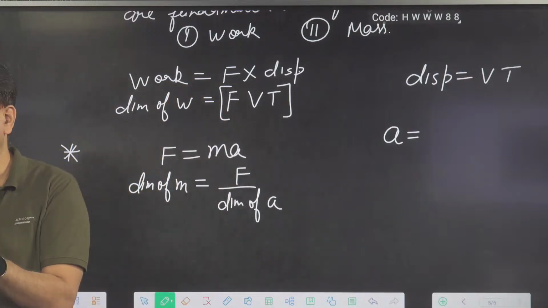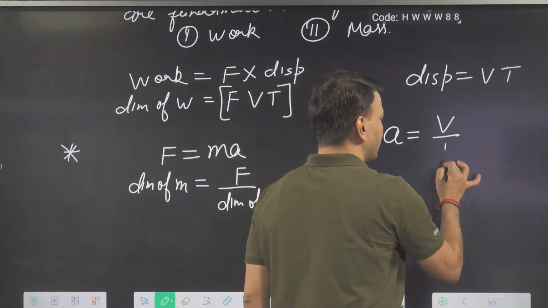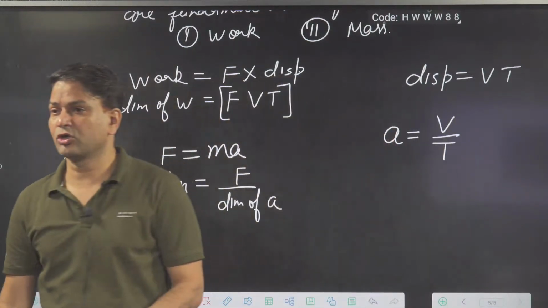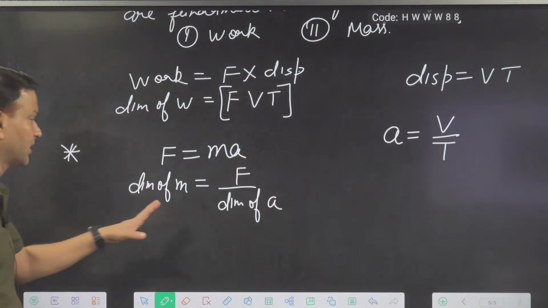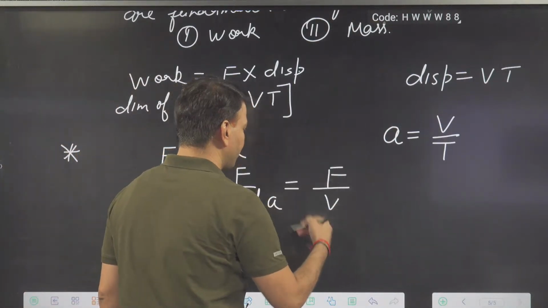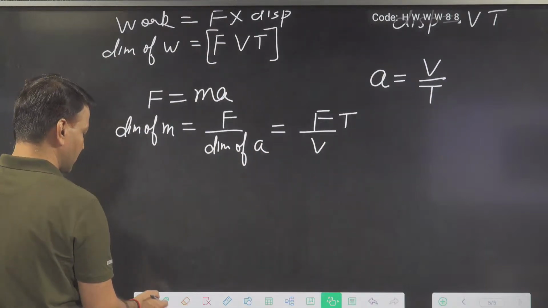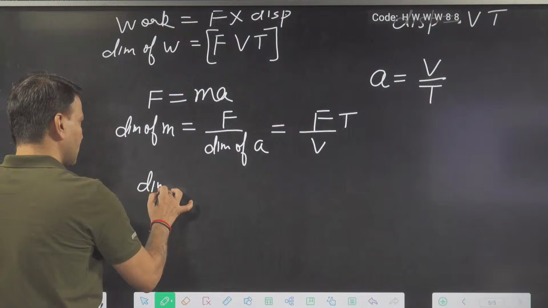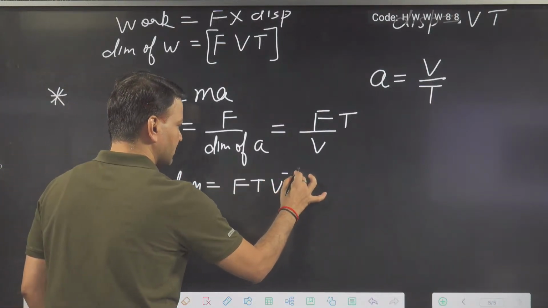Velocity and change in velocity have the same dimension, so A is equal to V by T. V is fundamental, T is fundamental. Now I can put F upon V by T. T will go up. Then the dimension of mass is F T V minus 1.